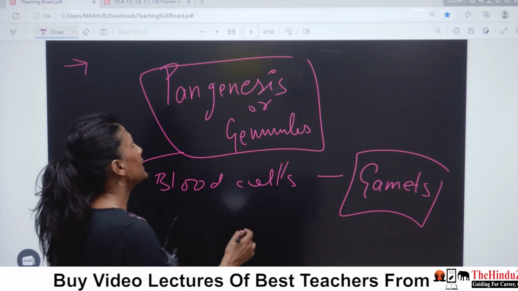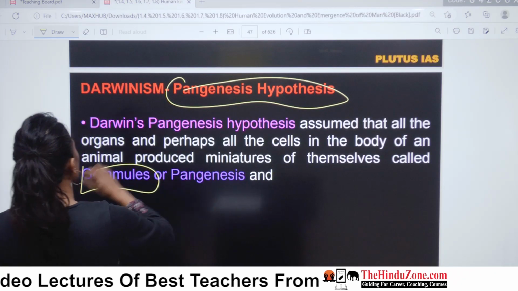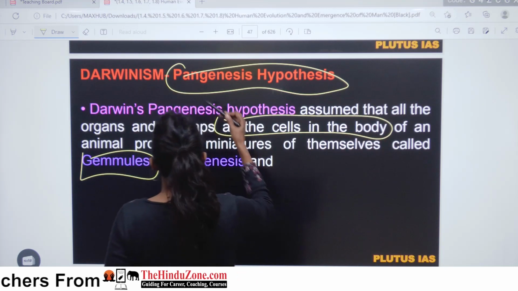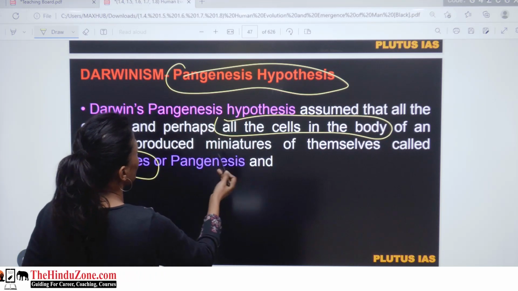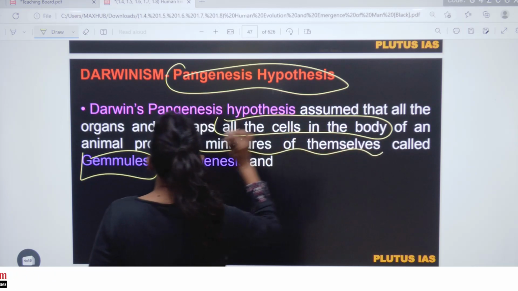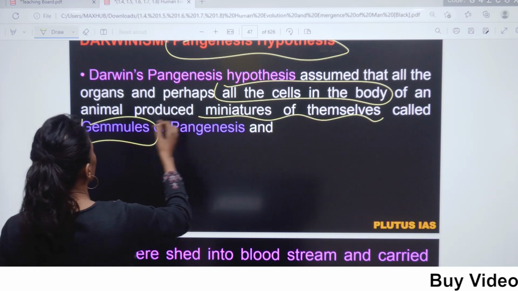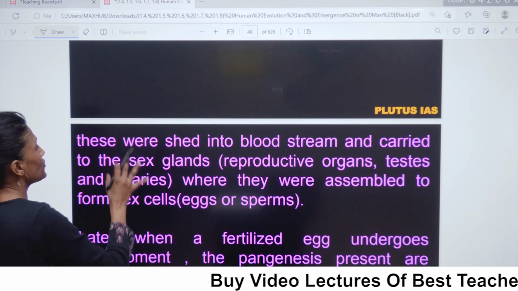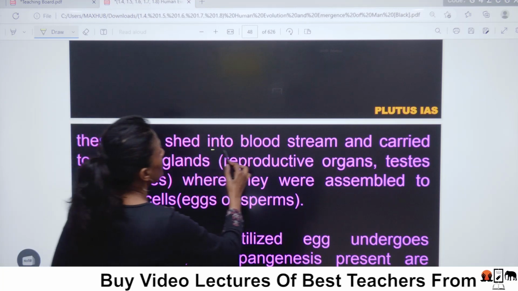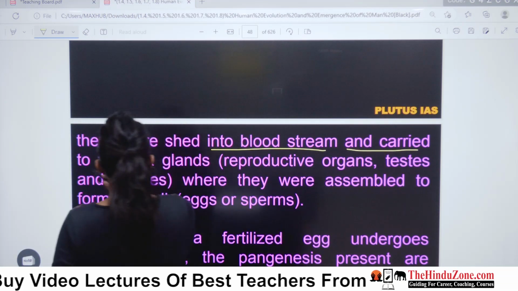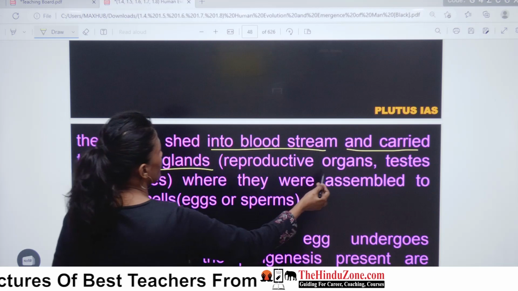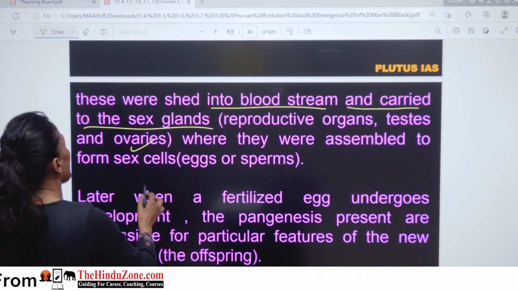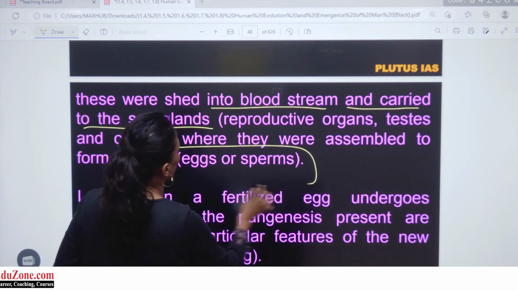So this is an important point he has given. He said that all the cells in the body of an animal produce miniatures of themselves, and he called those miniatures gemmules or pangenes, and this information is shed into the bloodstream and carried to the sex glands, that is the reproductive organs, testicles and ovaries, where they were assembled to form sex cells, that is the zygote.